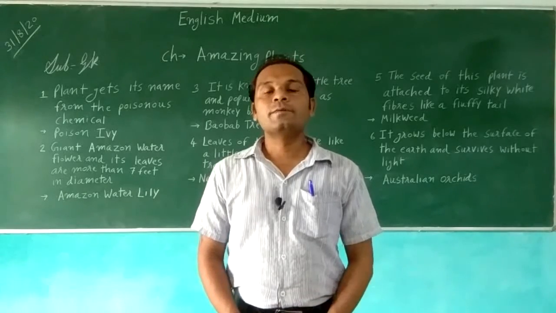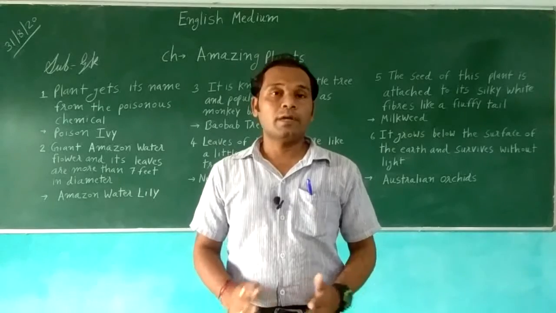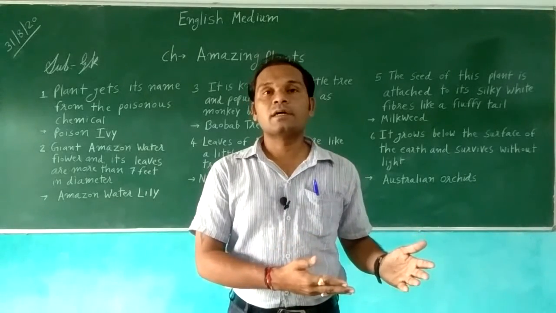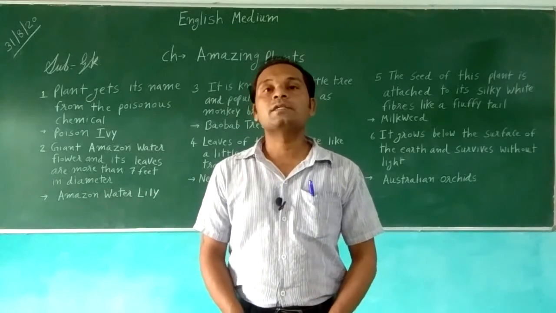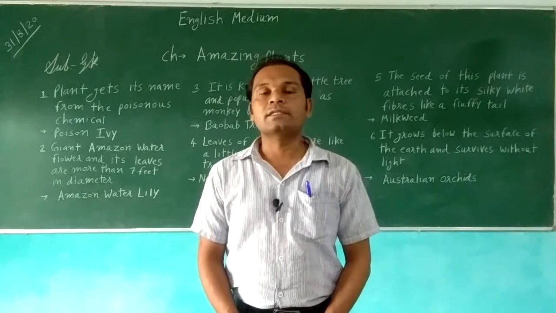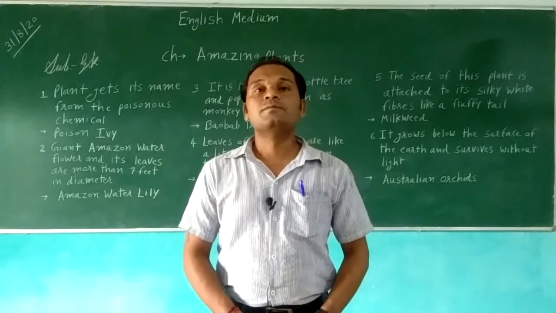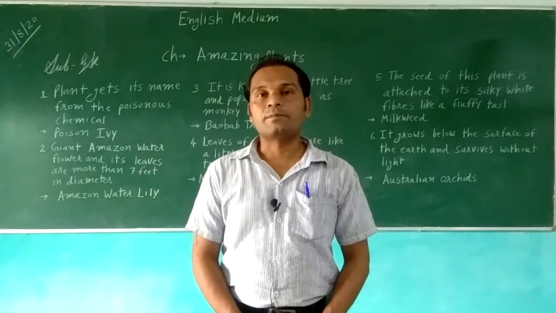They have different characteristics. Hot area plants are different, cold area plants are different. Some plants grow in water, so they have different characteristics. And some plants have special features, so that we'll see in this chapter.